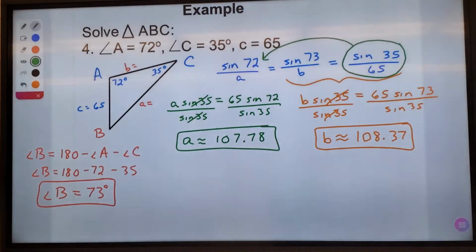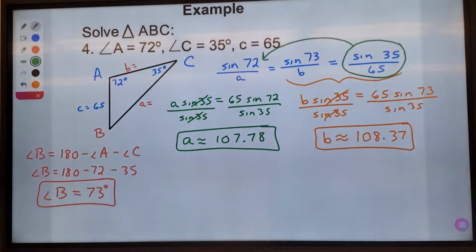And if we look at angle A, it is 72 degrees, which is the next one up, right? So it's the second one. Then 107.78 is the second largest side.